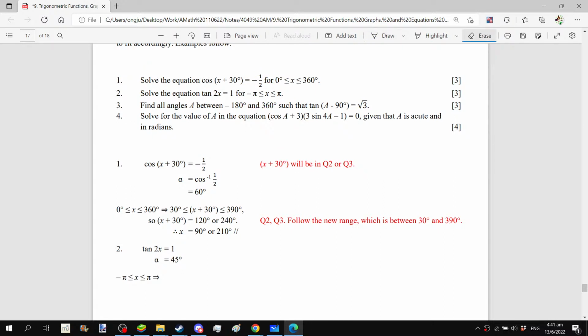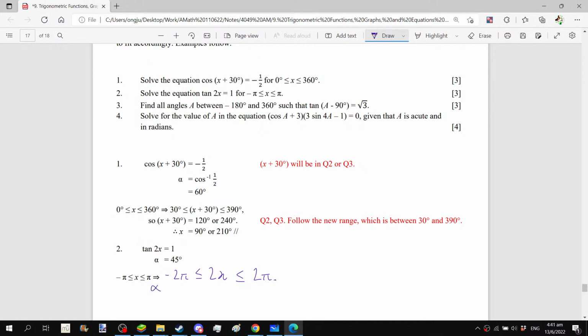So because of that, when you're working with 2x, we will actually go from negative 2 pi to 2x to 2 pi by multiplying the inequality by 2.